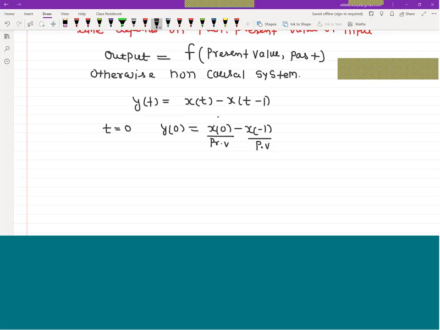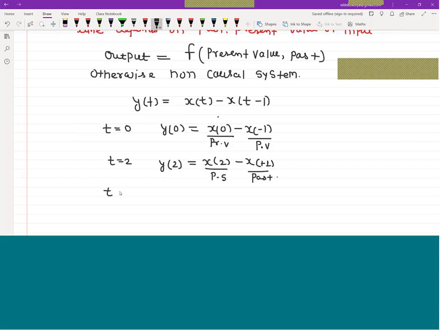इट्स ओके. लेट्स चेक फॉर सम पॉजिटिव नंबर. लेट्स से t इक्वल टू 2. For t equal to 2, you can say output is x(2) minus x(1). So you can say this is present value and this is past value. यहाँ तक भी कोई परेशानी नहीं है.